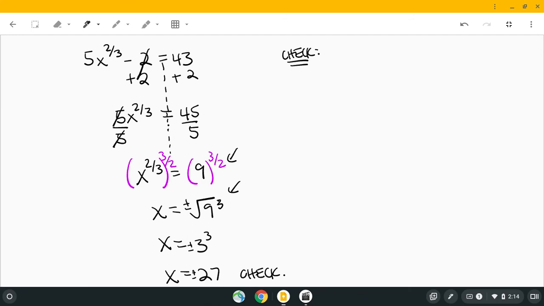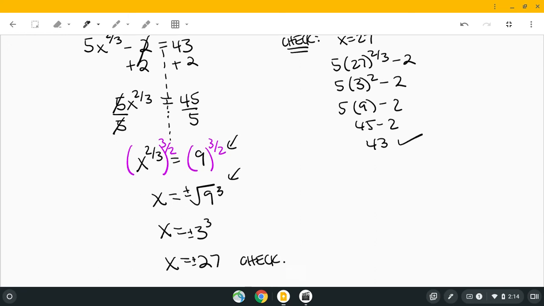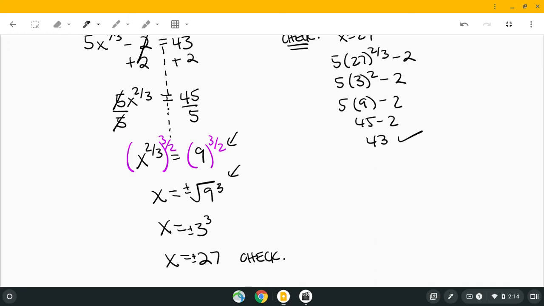Let's check positive 27. We have 5 times 27 to the 2/3 minus 2, and we want to know if we're going to get 43. Let's work this out. 5 times, this is like the cube root of 27, so that's going to be 3 squared. Then this is 5 times 9, and that's 45 minus 2, and that's 43. So this one works. We do get 43.